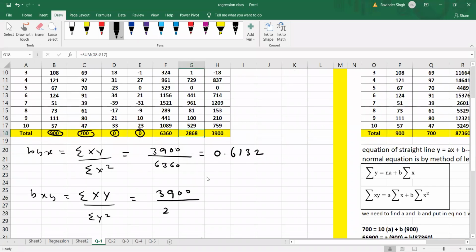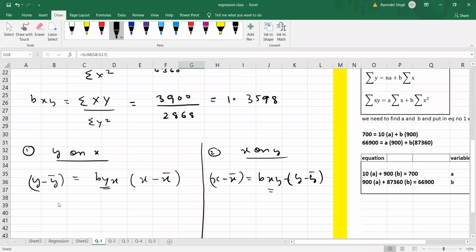So you have to substitute here 2868. So the value will be 3900 divided by 2868. So this is coming around 1.3598. Now we have got the value of bxy and byx.